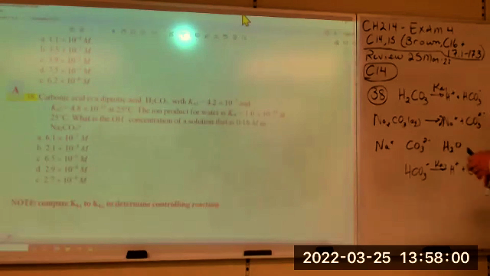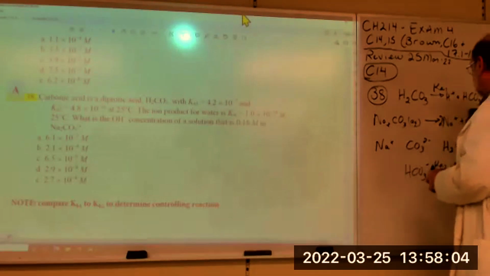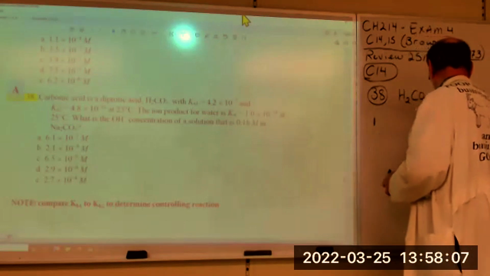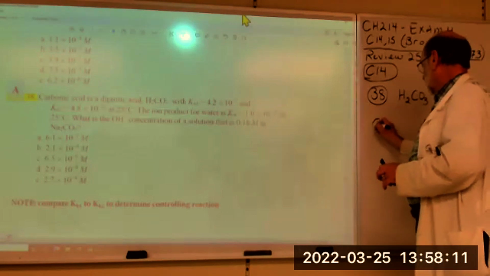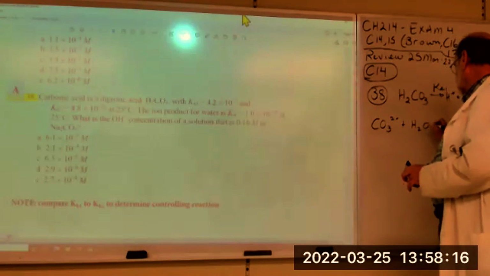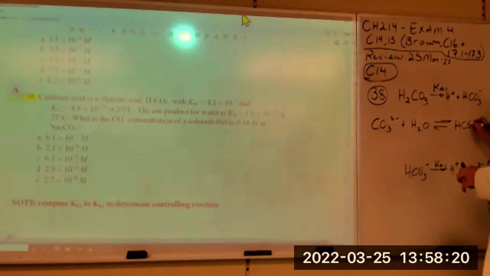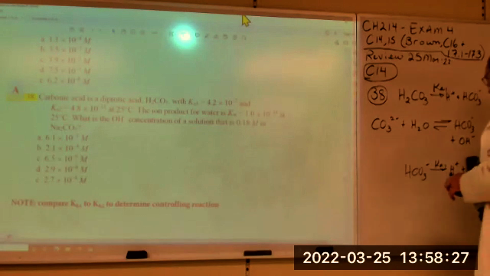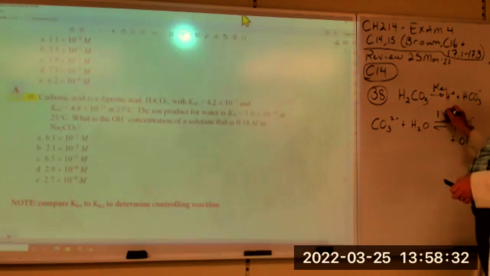Okay, so what does that mean? That means that we need to make some more room. The controlling reaction is going to be CO3 2 minus plus water yields HCO3 minus plus OH minus. Now, we don't have a K for this one. This is a Kb.